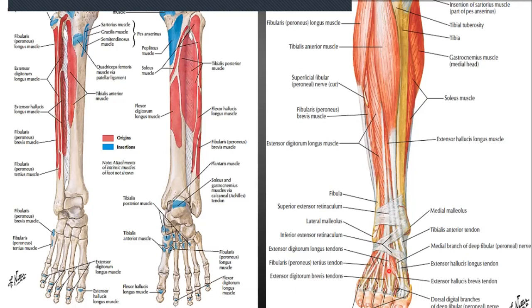These are its tendons, four tendons, that insert here. Then here the fibularis tertius, the peroneus tertius, should be this small muscle here. Yes, its tendon is shown. This is its tendon to insert into the dorsal surface of the fifth metatarsal.